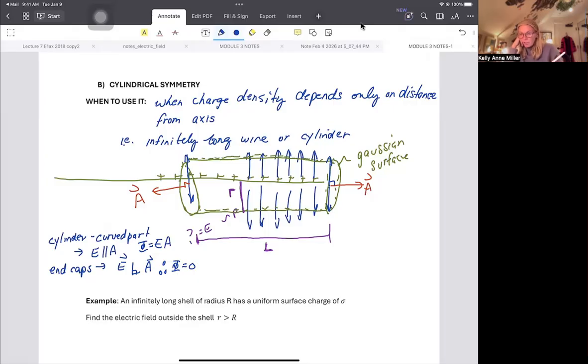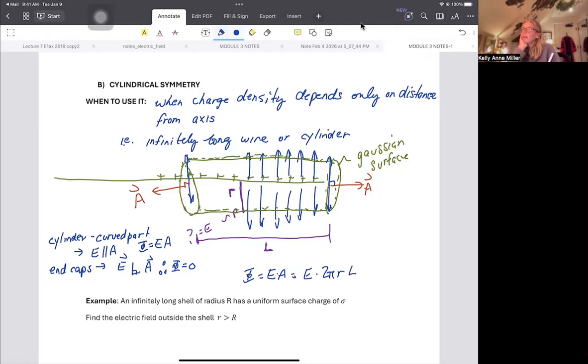So the flux is going to be equal to E times A, and the area is just going to be 2 pi times R times L.